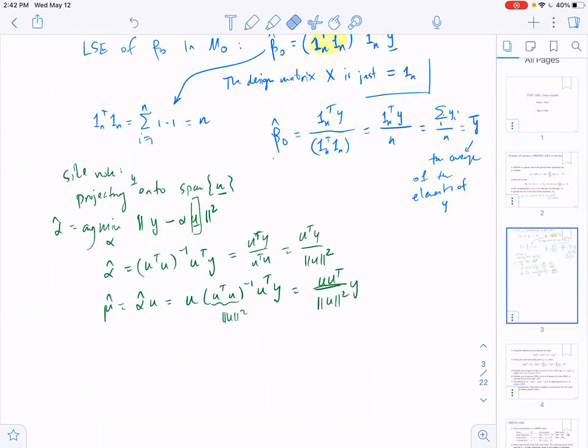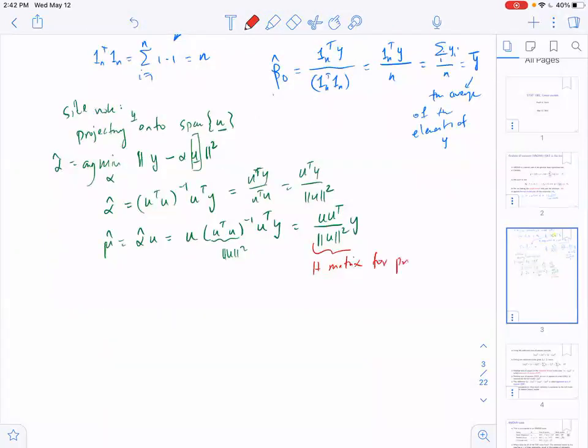So these formulas are helpful. This is the H matrix for projecting onto the span of u, and this would have been useful in the midterm. You could have tried these yourself, but this is nothing but a very special case of the things we discussed. It's good to remember for the future in case you want to project onto a vector.